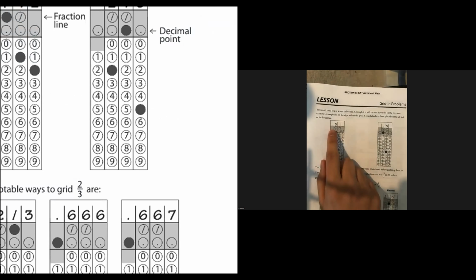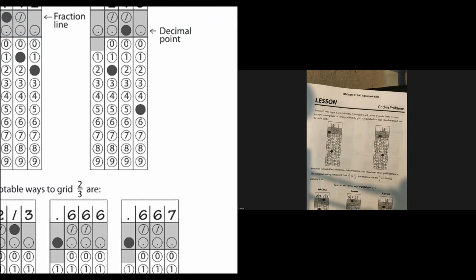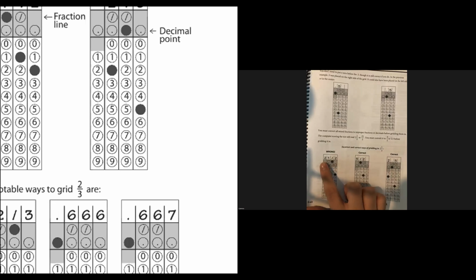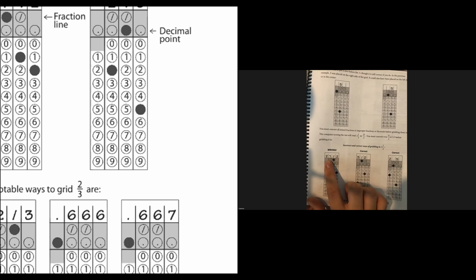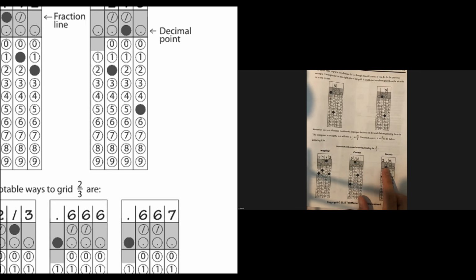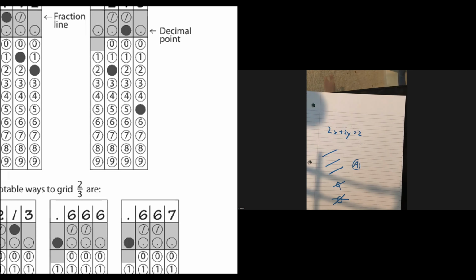You can have it on the left line, in the middle line, or on the right line. But if you're gridding in something like 2 1/2, don't grid it in like this, because this one looks like it's 21 over 2. A correct way of doing it would be 5 over 2 or 2.5. So that's basically how you grid them in.